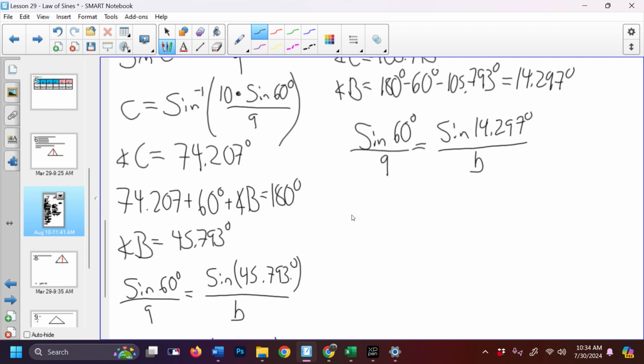Cross multiply and divide, I get b is equal to 9 times the sine of 14.297 all over the sine of 60. And I'm just going to put that into decimals, and we'll finish this one up.